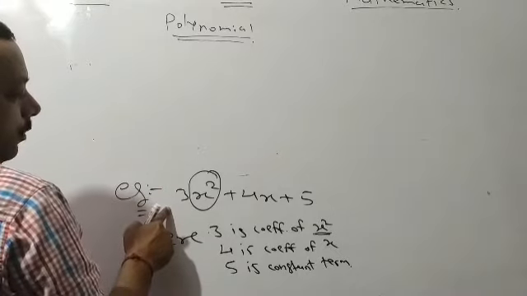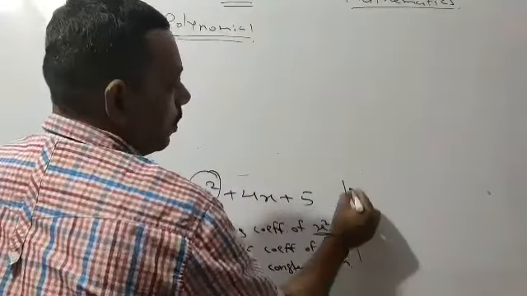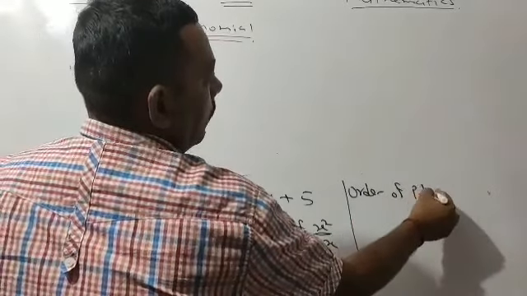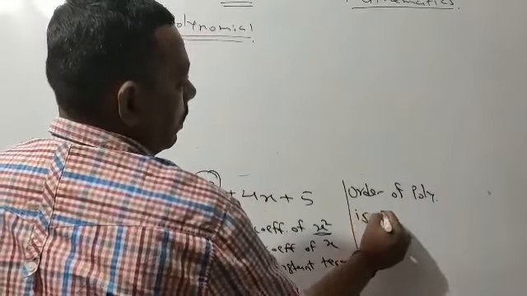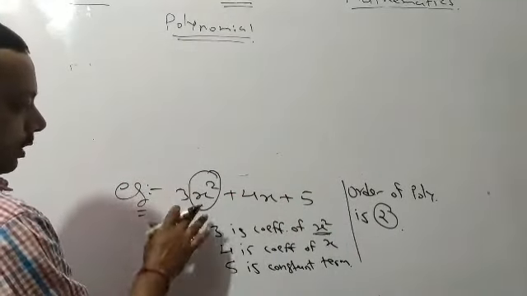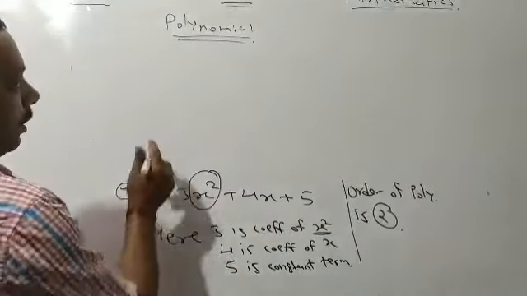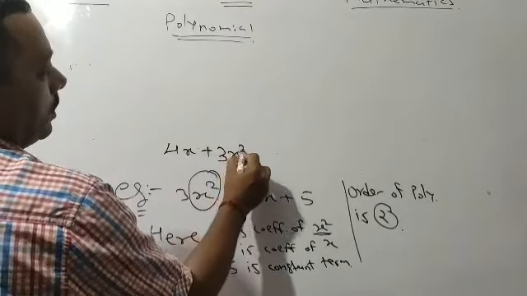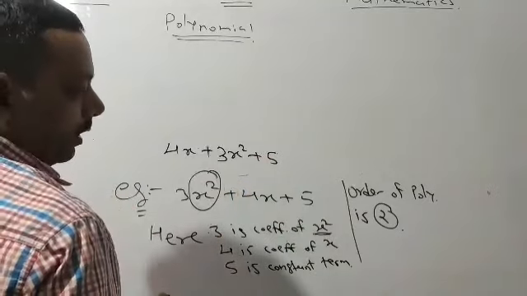So for this question, the order of the polynomial is 2. Sometimes they will write the same question in a different way. Say 4x plus 3x square plus 5.